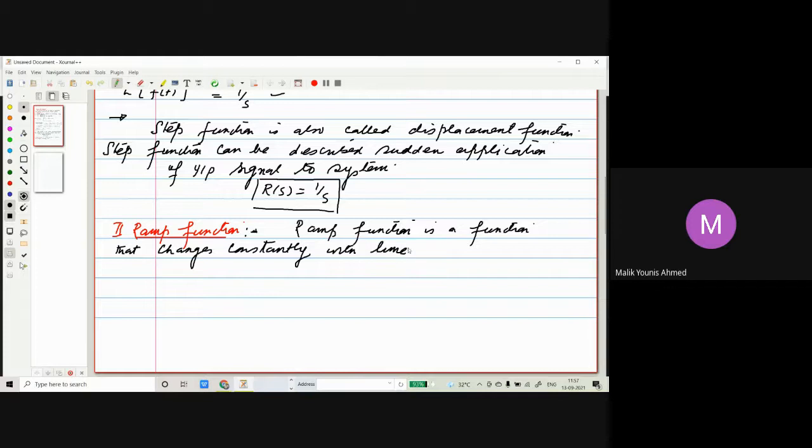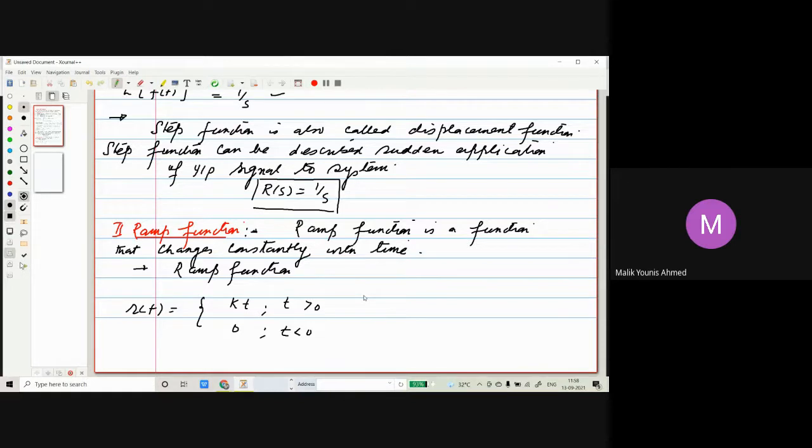That you know already. The mathematical description of the ramp function is like this. If this is the input, R of t is given as k t for t greater than 0, and then it is 0 for t less than 0. This is k t.